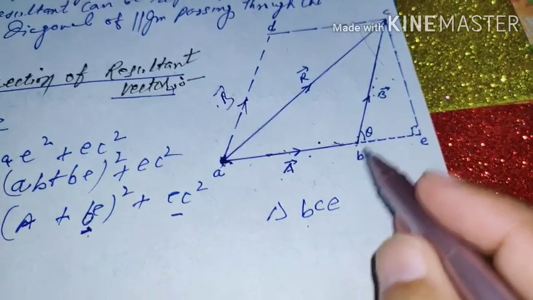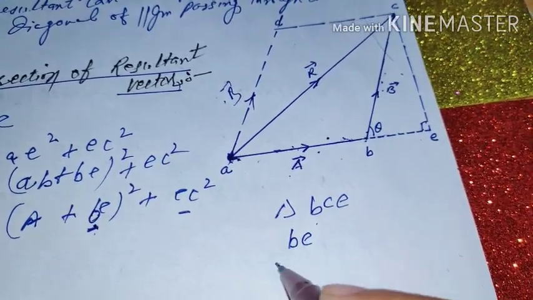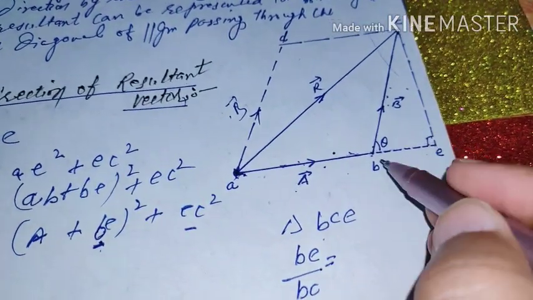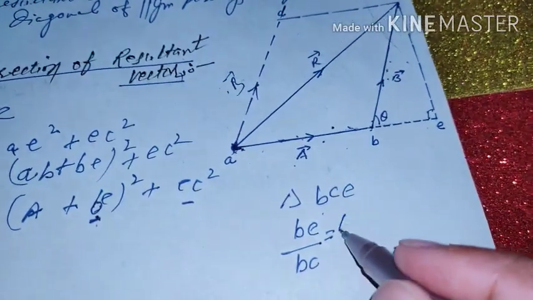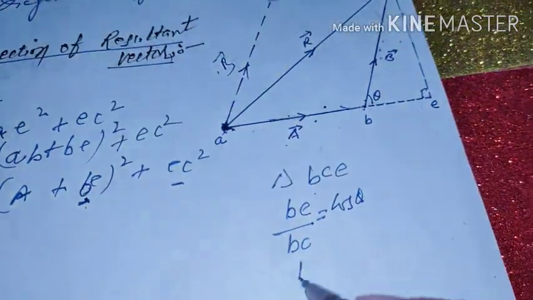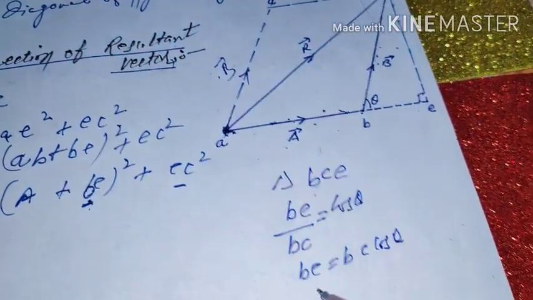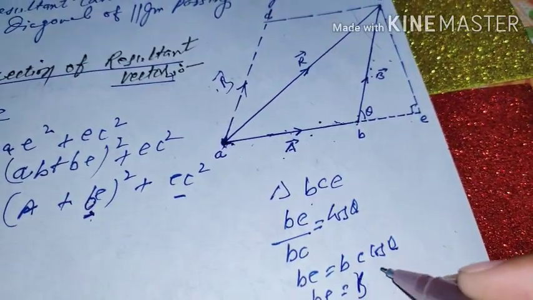Using trigonometry, BE unknown over BC known. BE over BC, base over hypotenuse, is cos theta. So BE is BC cos theta. So BE is B cos theta.